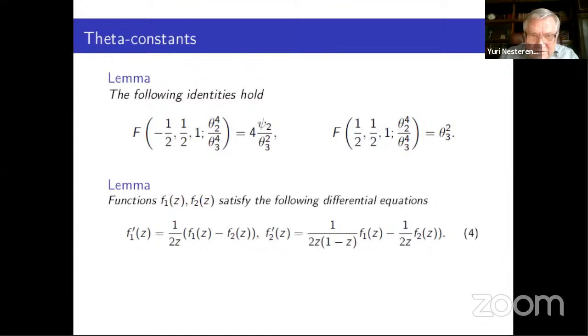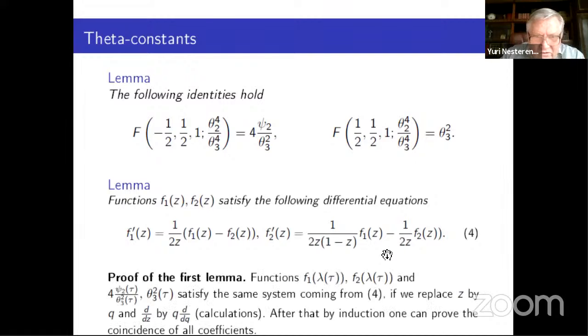The proof is based on the system of differential equations for psi, for logarithmic derivatives, and the same differential equations for these functions f1, f2. So to prove these identities, we can compute derivatives of these two functions, and this is a second set.